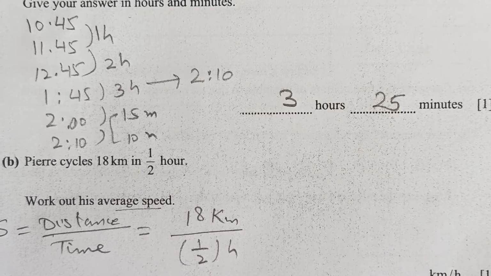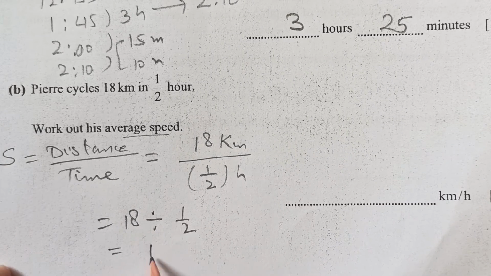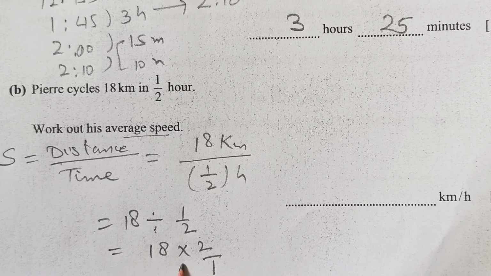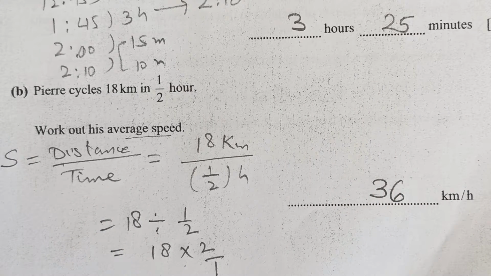So you can do it like this: 18 divided by 1 over 2. That means 18 times 2 over 1. Change this division sign to multiply and then take the reciprocal of this. 18 times 2 is 36. So 36 kilometers per hour.